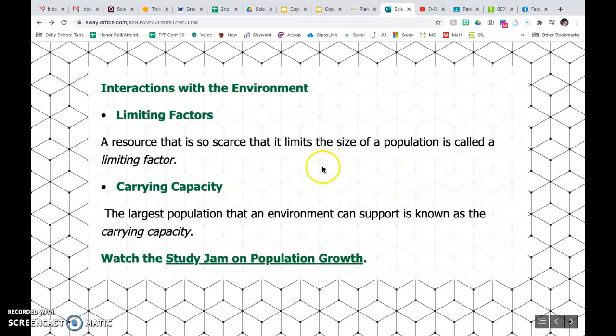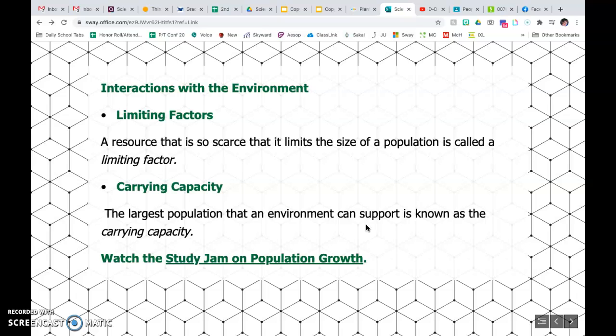So, limiting factor. A resource that is so scarce that it limits the size of a population is called a limiting factor. So if it's so scarce, it means there's not enough of it. So it limits what animals can be there. A carrying capacity is the largest population that an environment can support.